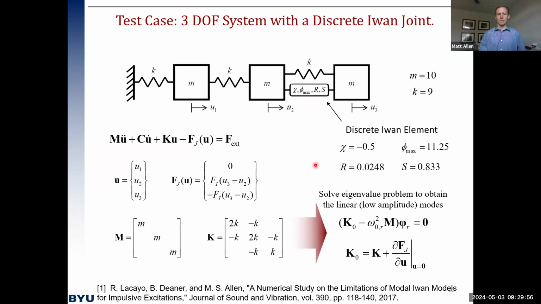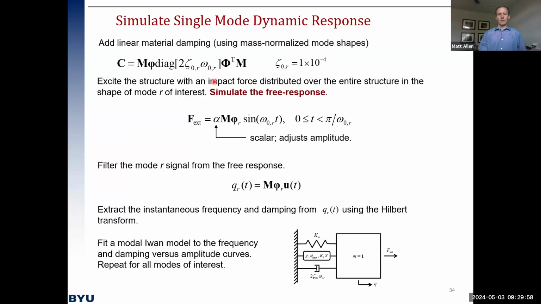That's our truth model. And we'll look at different things. We'll add material damping. And what I'm going to do initially is apply a force in the shape of a mode so that we excite the structure in only one mode at a time using an impulse. And then we'll relax that and we'll see what happens as we relax that.